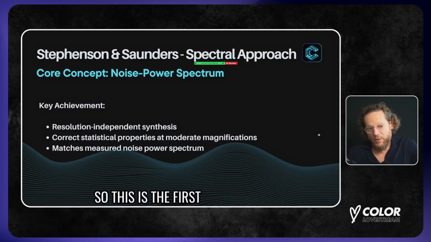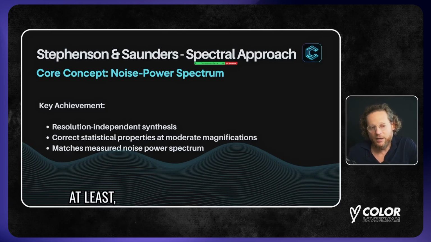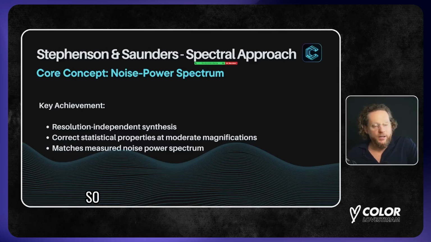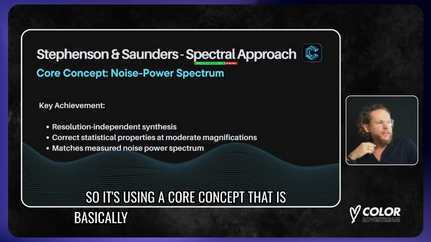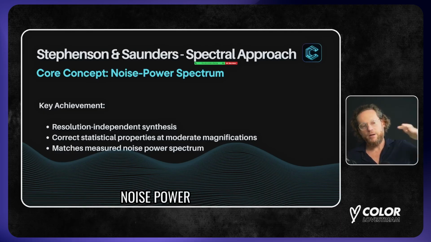This is the first paper that is significant, and I think it really needs to be mentioned. I draw a lot of inspiration from it. It's called the Stevenson-Saunders spectral approach. It uses a core concept of creating a so-called noise power spectrum.